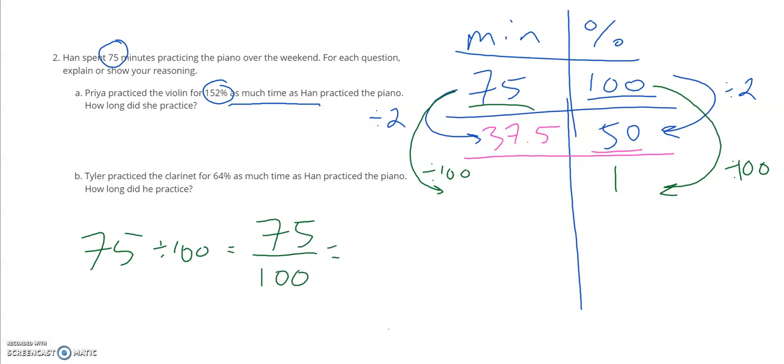Remember that we write 75 100ths. This is like 75 out of 100. So it's sort of like 75 cents, 75 pennies. This is how we write 75 100ths. So 1% of 75 is 75 hundredths.